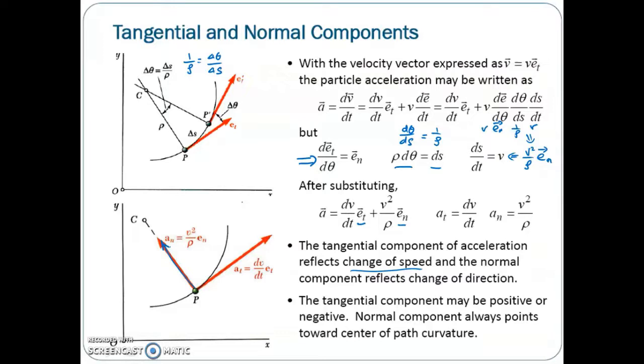So in the case of the particle's velocity increasing, AT is positive, and the vector component of AT is in the direction of the motion. And if the speed of the particle decreases, AT is negative, then AT points against the direction of the motion.